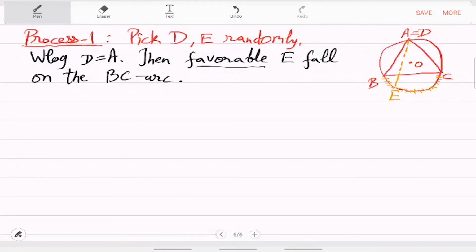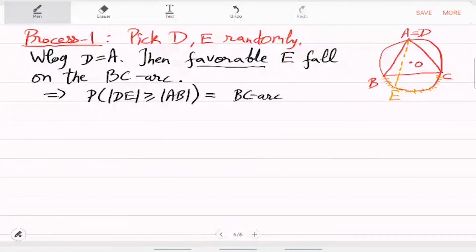So, then you just have to compare the circumference, right, which means that the probability of DE being at least AB is equal to the circumference of BC over the circle, which is clearly 1/3. So, we have a probability, right.